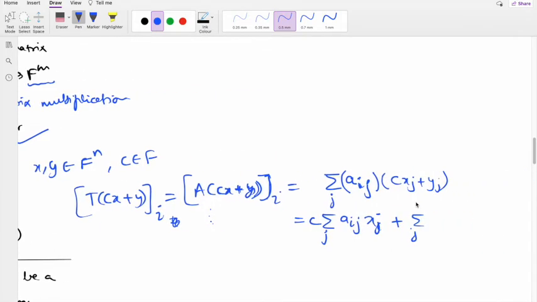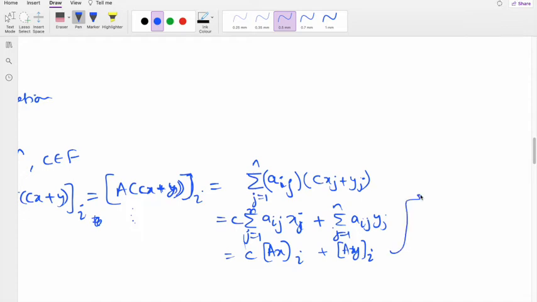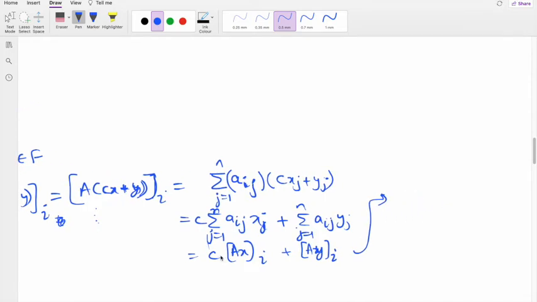So we are looking at all the elements of the row. That is, every column you multiply with the corresponding element in this vector cx + y. So this is sum from 1 to n of A_ij c x_j, plus sum from 1 to n of A_ij y_j. So this by definition is c times the ith element of Ax, and the ith element of Ay.